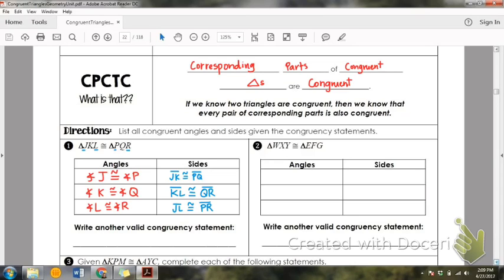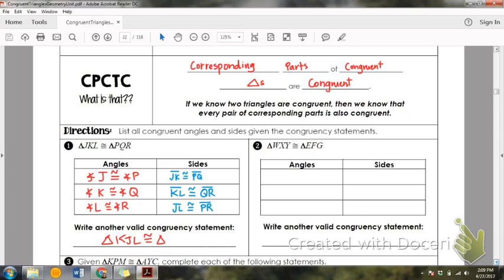Before we go to number 2, this says write another valid congruency statement. So another way that we could write the statement, if I said triangle KJL is congruent to triangle what?